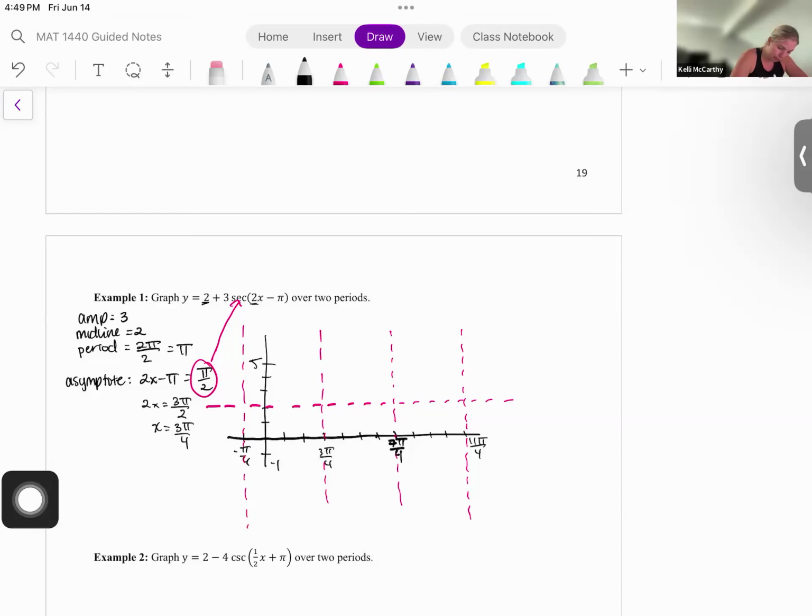So that's going to be π/4. It's going to be at 5, and it's going to yield a parabolic branch that opens up. My next landmark point is going to be halfway between 3π/4 and 7π/4, which is 5π/4. And that's going to have a maximum at -1, and it's going to be that parabolic shape that opens down.